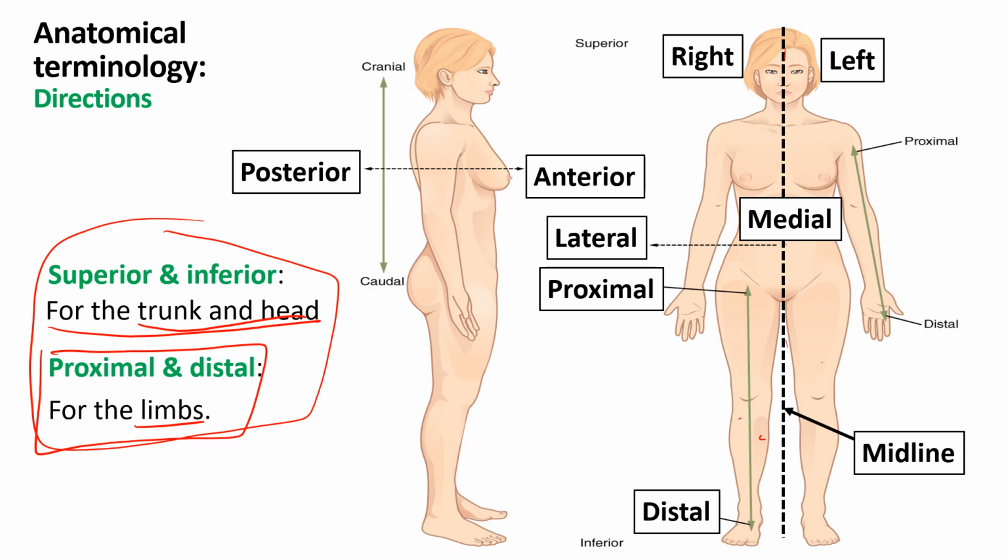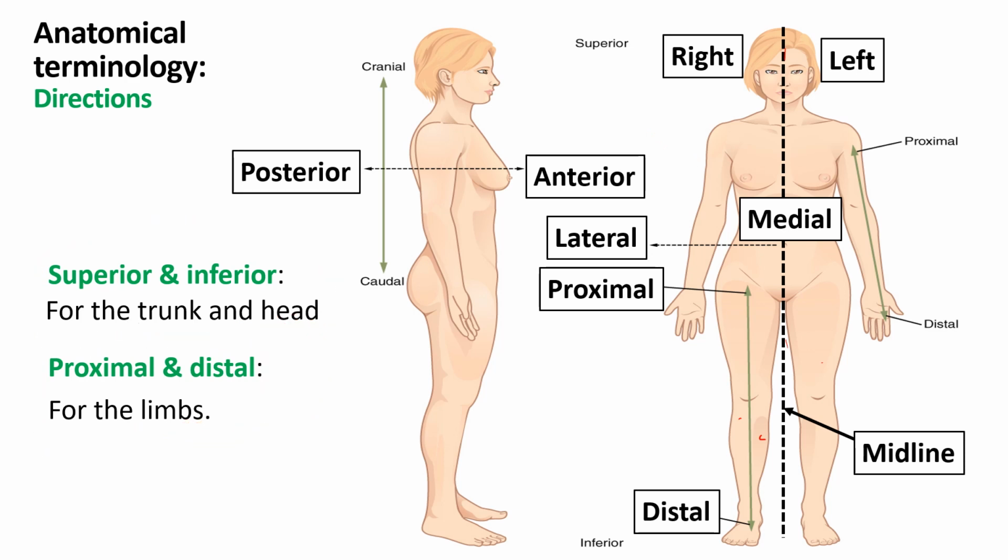Now, why do we use that and how do we define what is superior and inferior? Again, we always compare one thing against the other. So for example, let's take the eye and the mouth. I can say that the mouth is inferior to the eye, or I can say the same thing, that the eye is superior to the mouth.